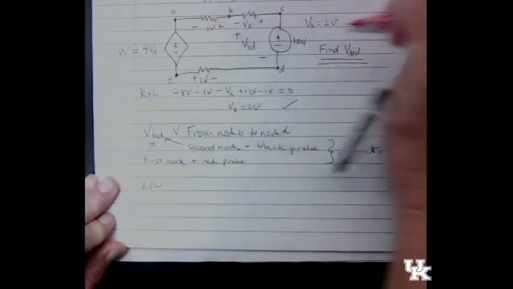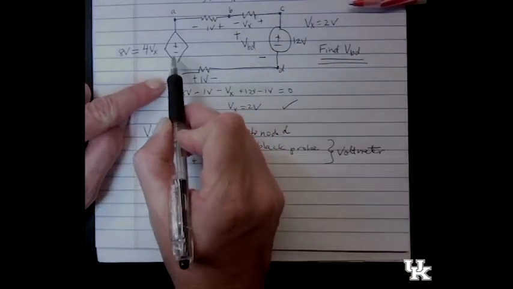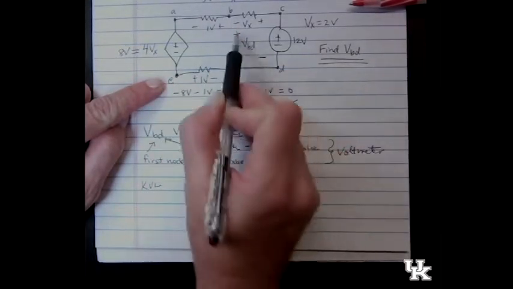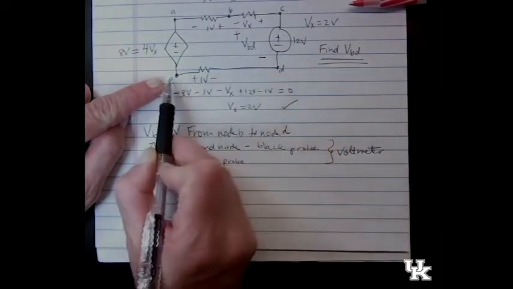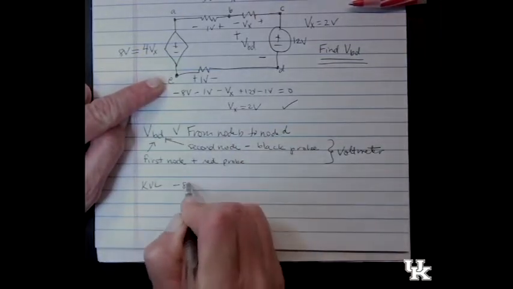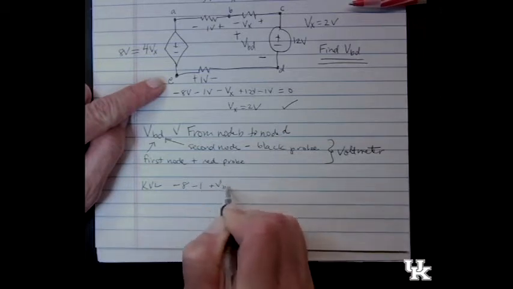All right. Let's say I go around the left side. So I'm going to go through the dependent source, through this resistor. I'm going to jump across. I'm going to put this in my equation, and then finish my loop. So that would look like -8, -1, plus VBD. That's my unknown.